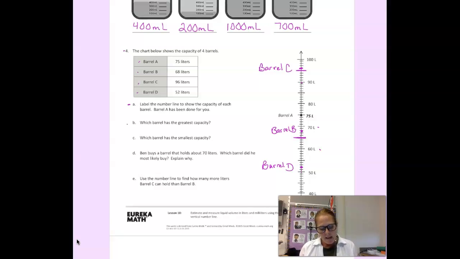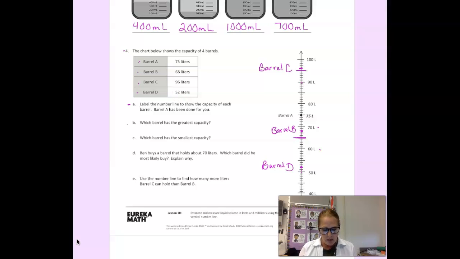Letter B says, which barrel has the greatest capacity? Greatest means the most. So I can look at my number line. I can look over here to see which one is highest on the number line. I can also look at my numbers over here and compare them to see which is the highest.